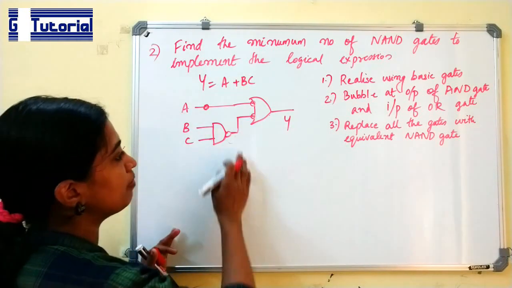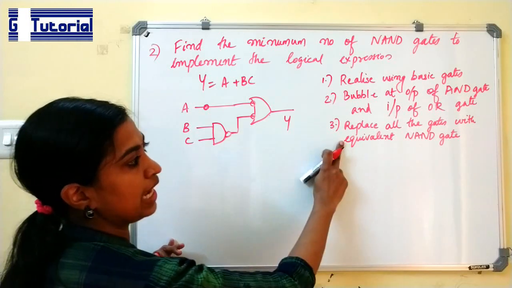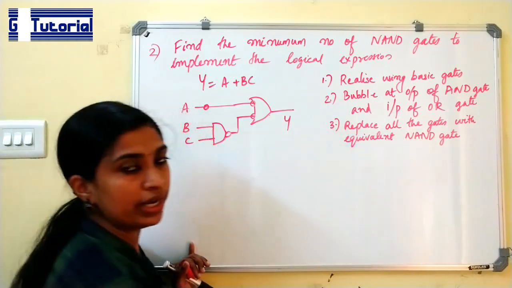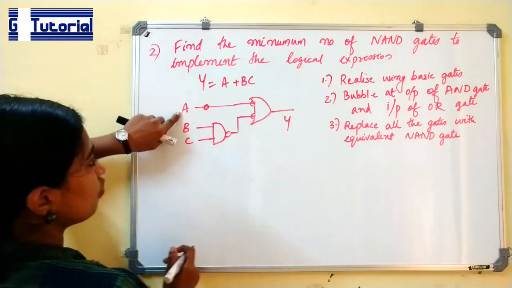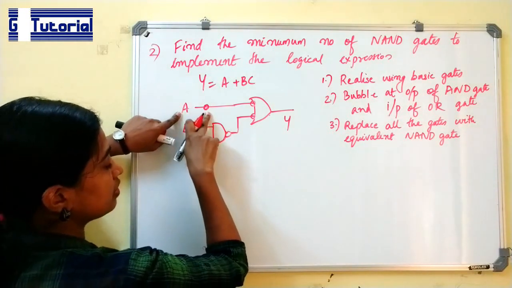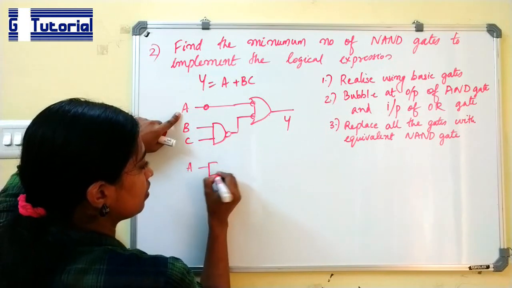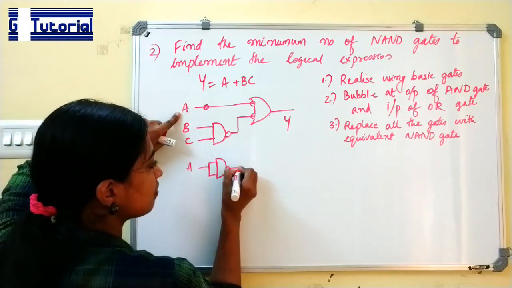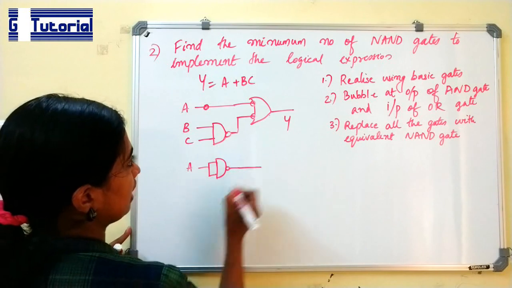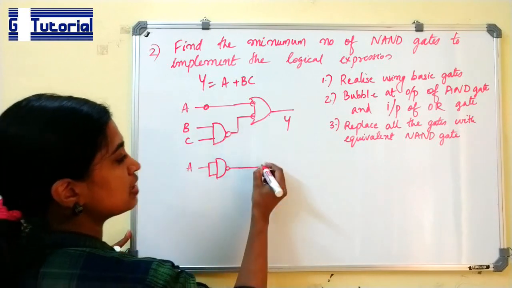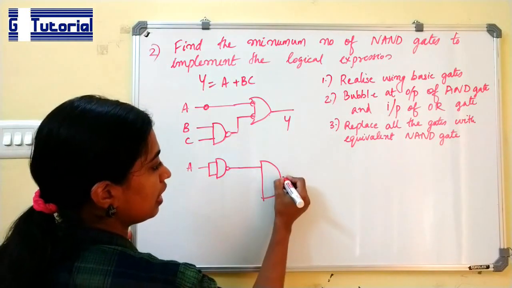Now we can implement this using the NAND gate. This is replace all gates with equivalent NAND gate. So first, if we are complementing this, we can replace that using a NAND gate now. So this is the first NAND gate. Then equivalent of this is a NAND gate.